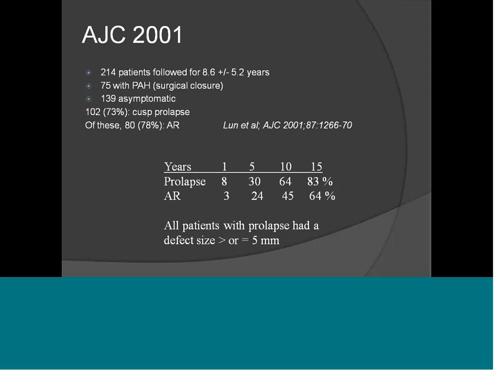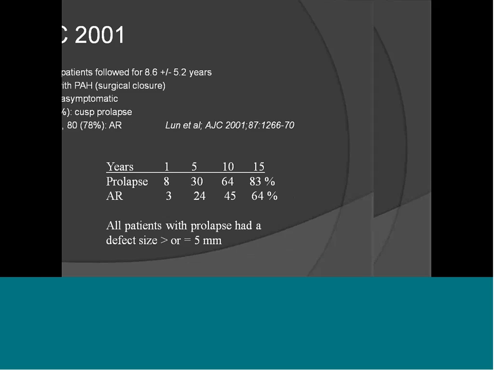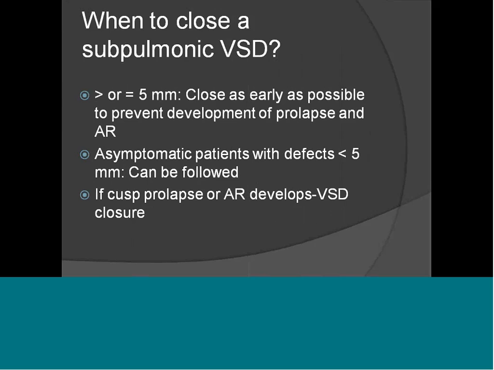Now all patients with prolapse they found had a defect size equal to or greater than 5 millimeters. Okay, so the smaller subpulmonic VSD did not necessarily develop cusp prolapse and did not necessarily develop AR. So the closure of a subpulmonic VSD depends just like on a perimembranous VSD.